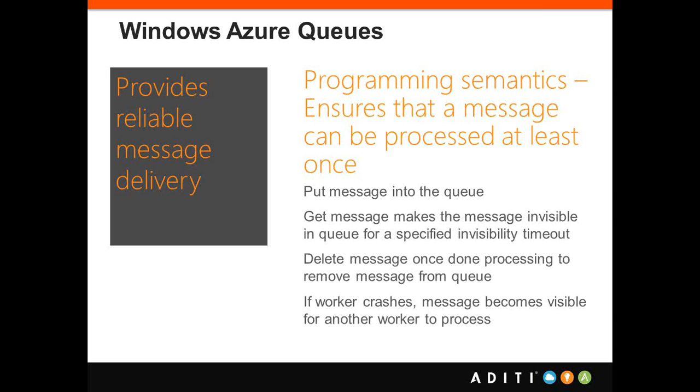If the worker working on that message crashes, the message becomes visible so that it is available for the next processing. That is the problem with synchronous communication, right? If you send a message to a worker role on an internal endpoint, and the worker role is down, your web role is infinitely waiting for that response, which does not happen when we use queues. That is why I thought of touching base on what a queue is.